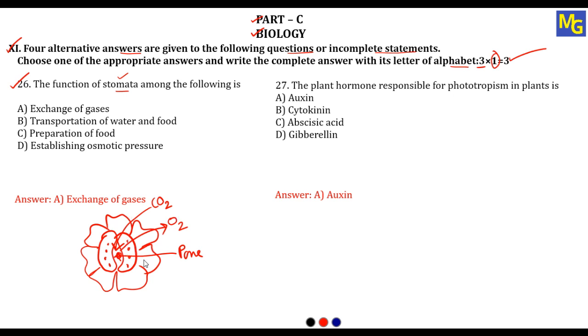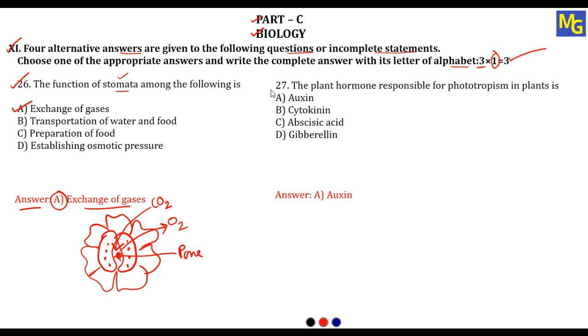So whenever oxygen formation is more inside the plants and CO2 is less, then the pore will open due to these guard cells, and the extra oxygen goes out and CO2 goes in. This is called exchange. Therefore, option A is the correct one, that is exchange of gases. Now write down the answer alphabet, that is A, and the answer is exchange of gases.